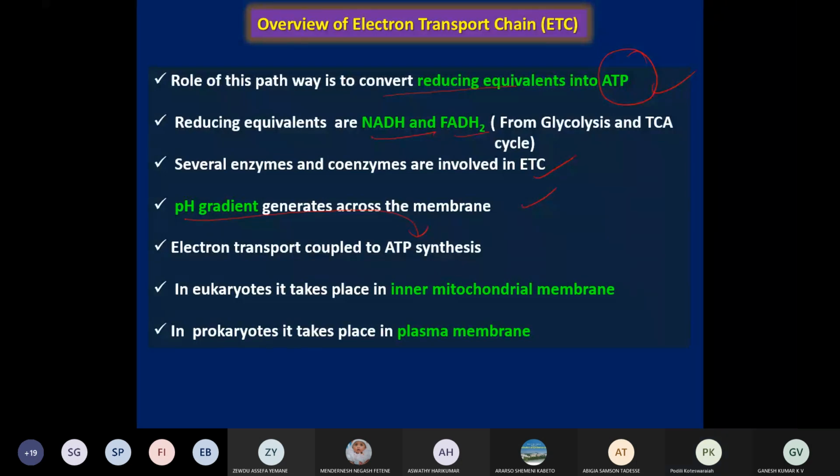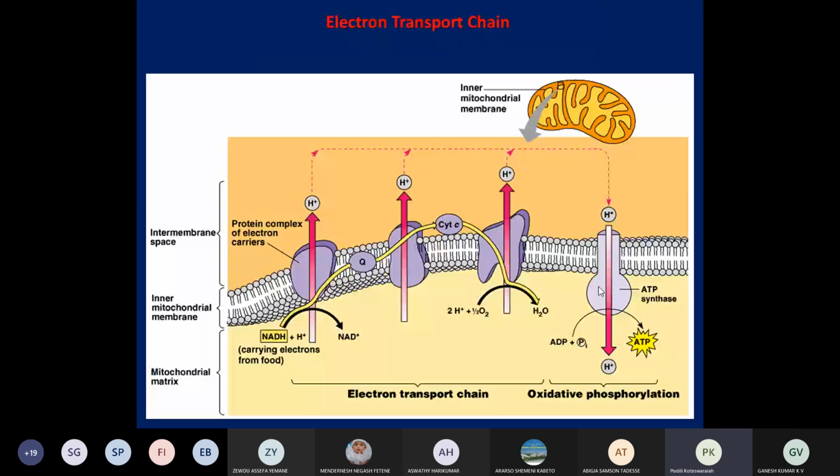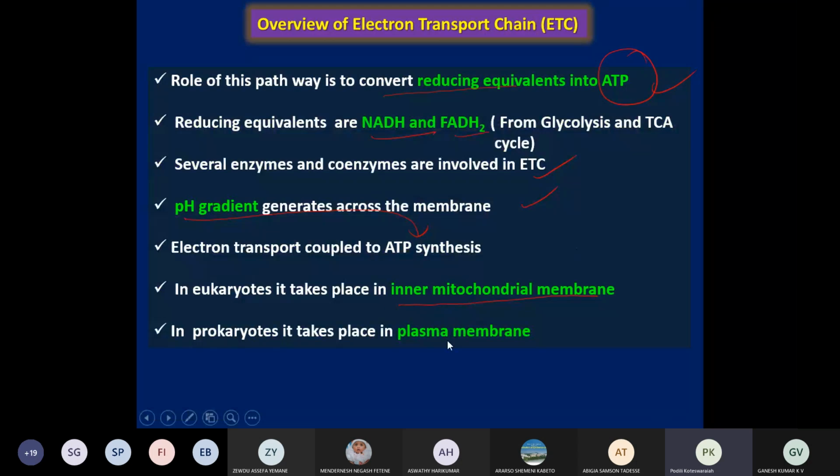This electron transport chain takes place in the inner mitochondrial membrane in the case of eukaryotes, as you can see here, whereas in prokaryotes, it takes place in the plasma membrane.